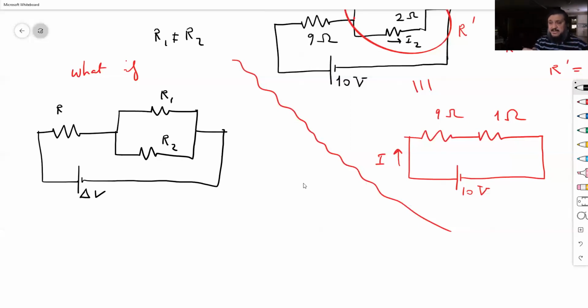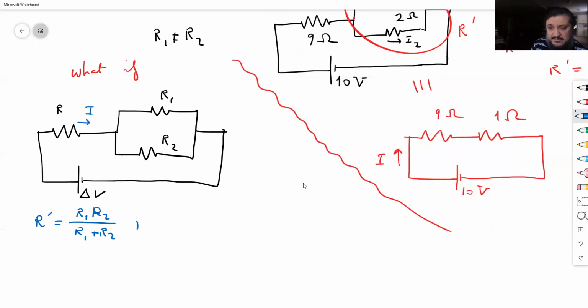I would do exactly the same, meaning find the big current here by considering these two as parallel, so R prime would be R1 times R2 divided by R1 plus R2.